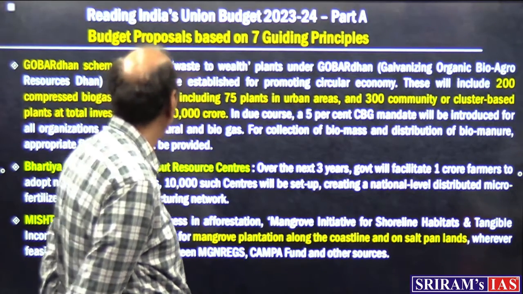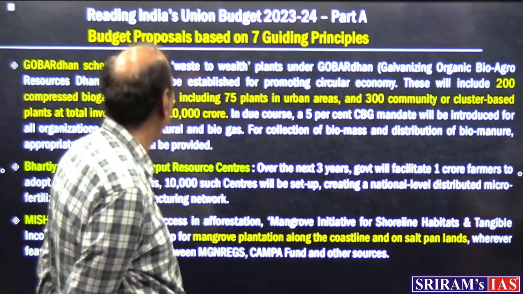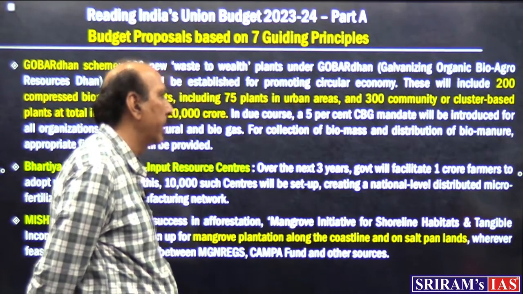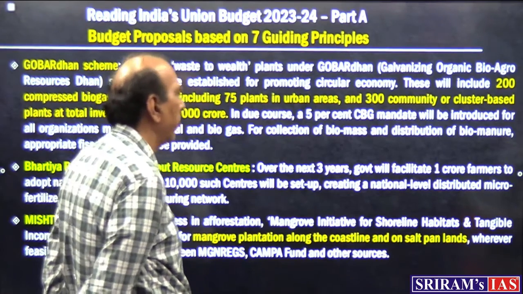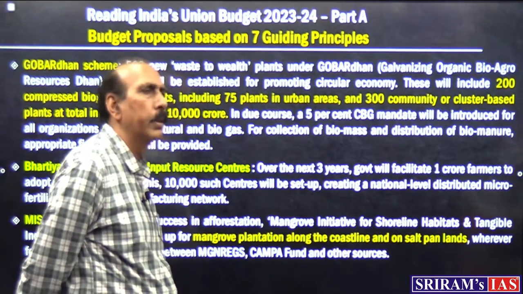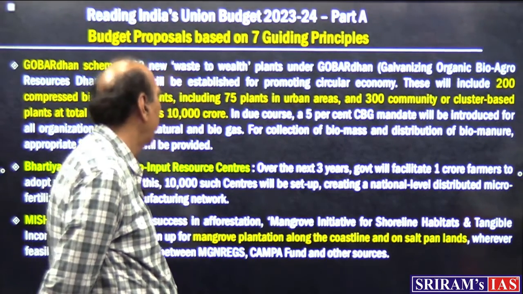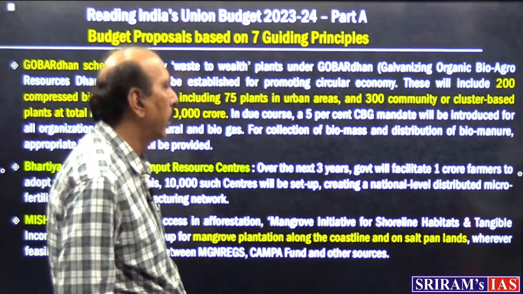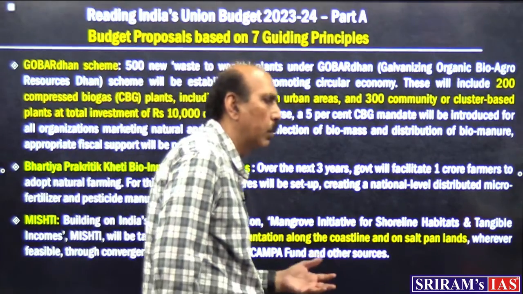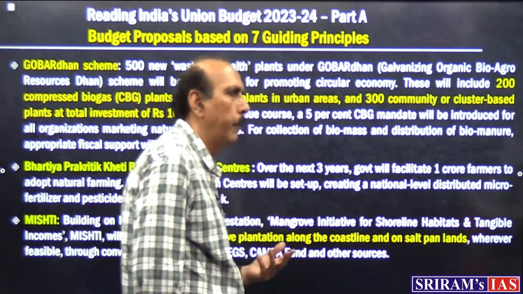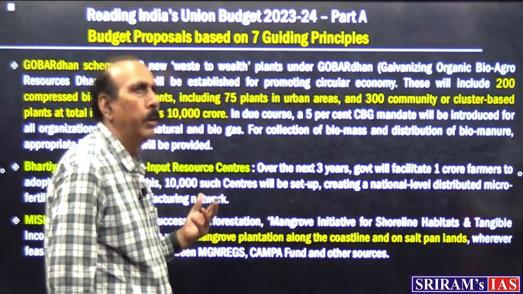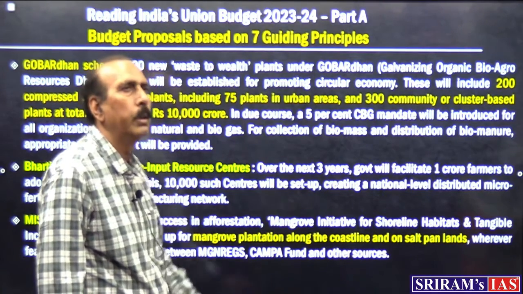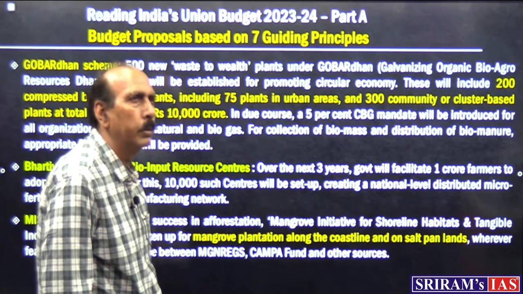Therefore, the 200 compressed biogas plants, including 75 in the urban areas and 125 in the rural areas, and 300 community based plants will be set up with an allocation of 10,000 crores. This is also one of the steps towards a transition from the fossil fuel based sources to the bio energy.